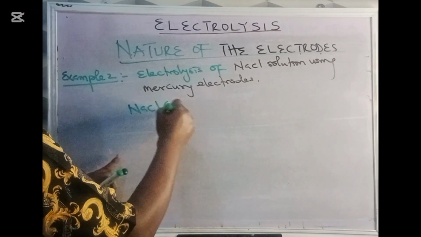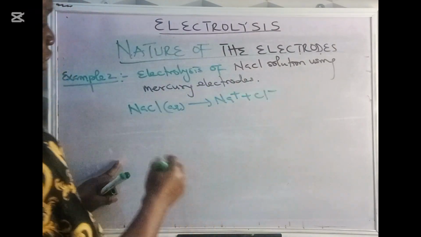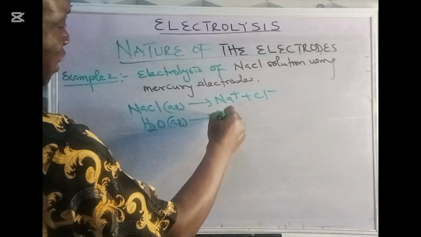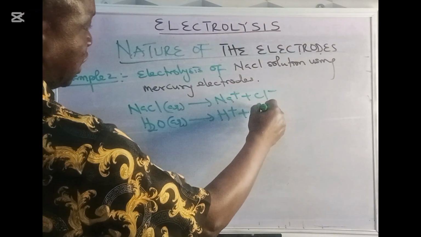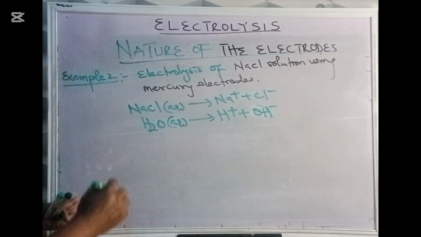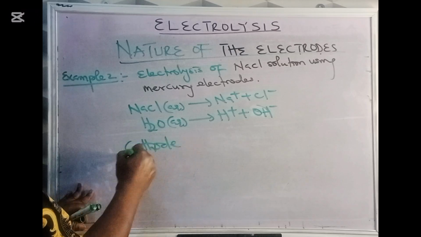Chemistry of the reaction. Sodium chloride ionizes to sodium ion plus chloride ion. Then you consider water: hydrogen ion plus hydroxide ion. So what happens at the cathode and what happens at the anode?